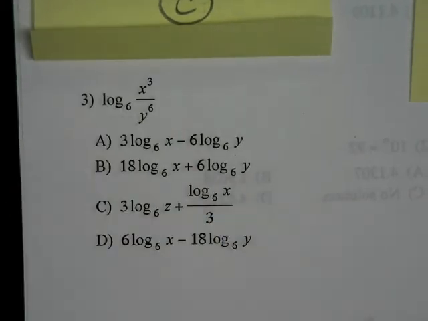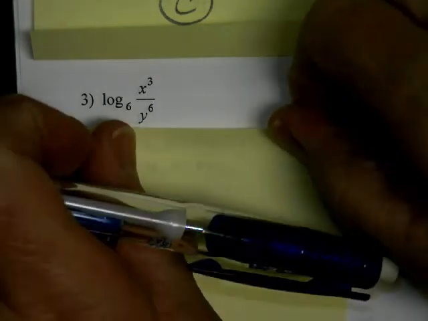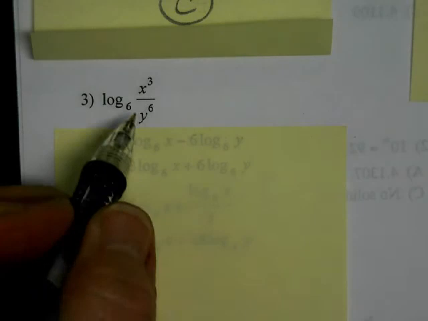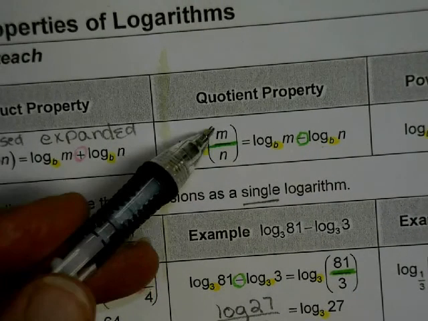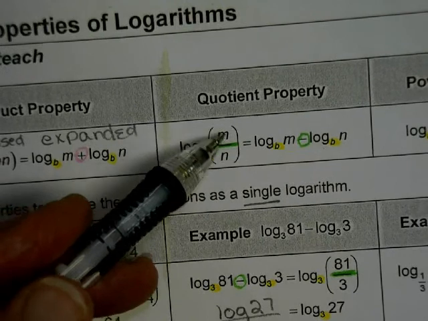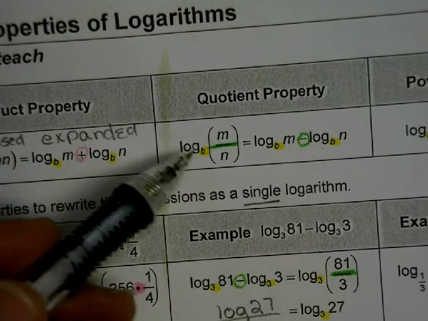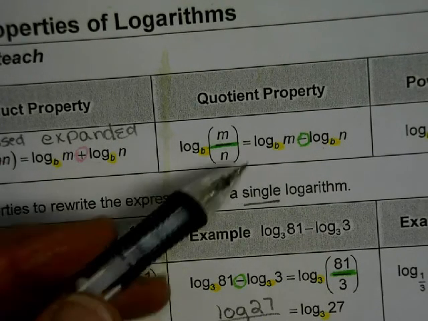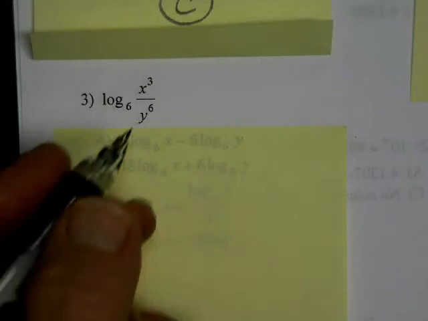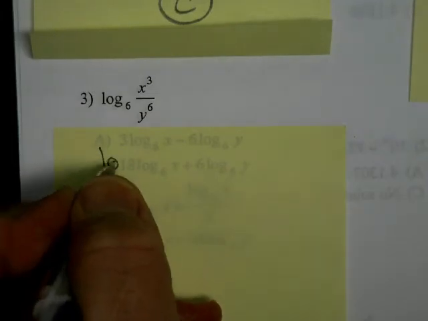Okay, to this one. It's got a division story in it. So we looked that up in our notes. There is no radical, so I don't have to do that extra step when I'm dividing. Remember, it's the log of the numerator minus the log of the denominator. So having this handy will help jog your memory.